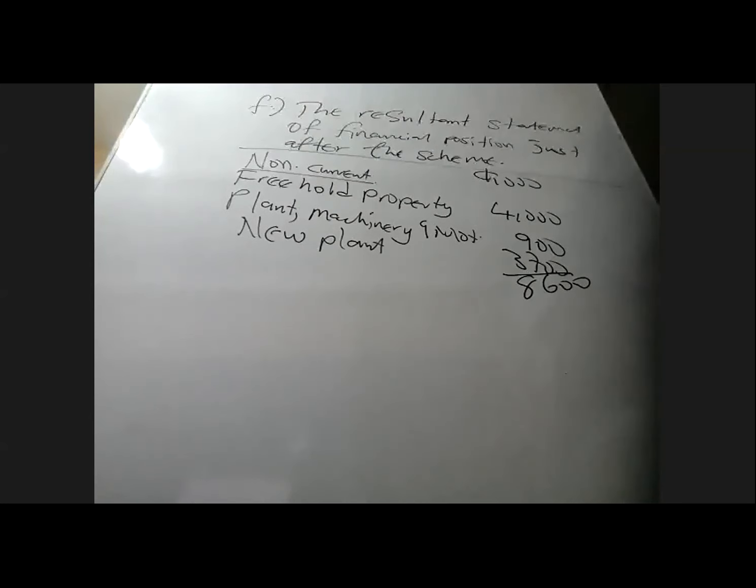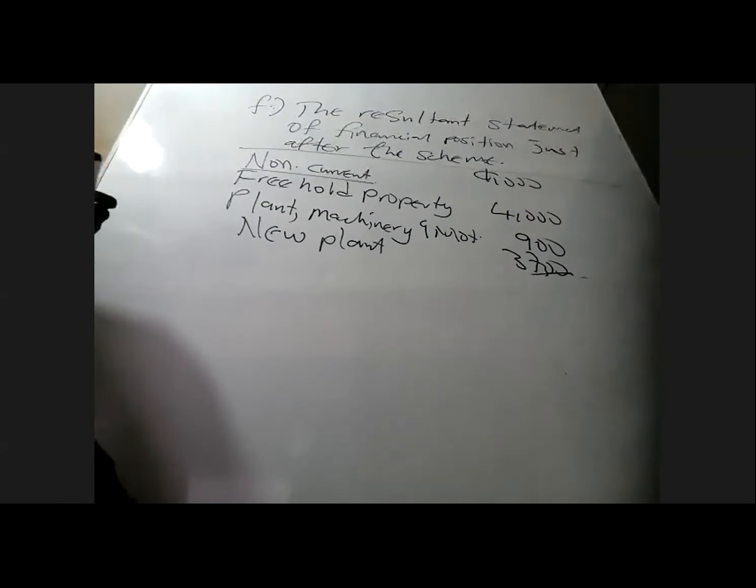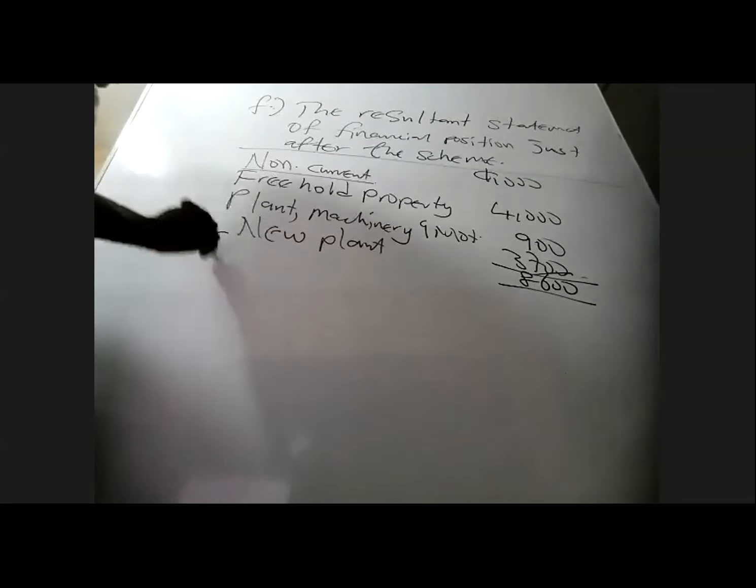Now let's go to the current assets. So the total non-current asset is 8,600. Good. Now current assets.